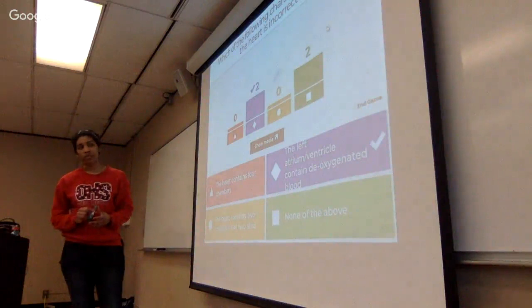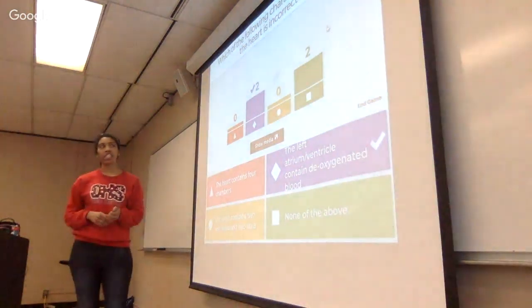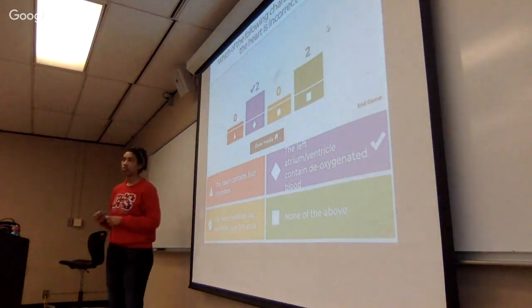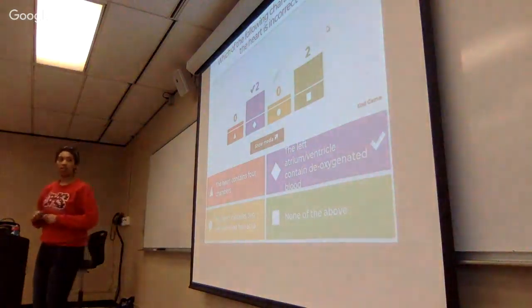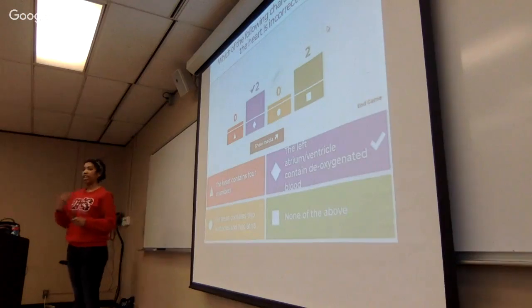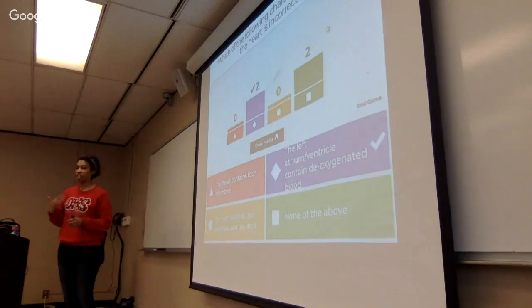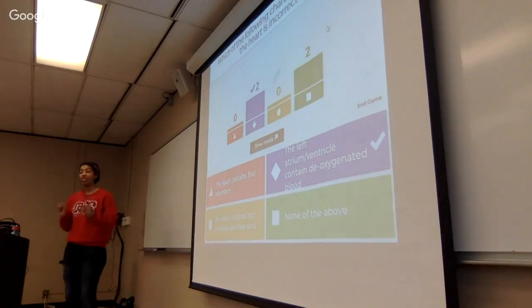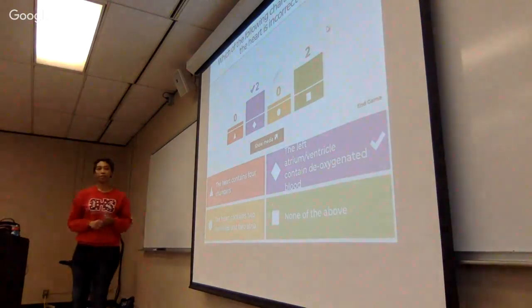The left atrium and ventricle contain deoxygenated blood, right? So actually, our left and right ventricle contain the oxygenated blood, okay? And then your right atrium and left atrium, oh my gosh. Your right atrium and right ventricle contain deoxygenated blood, okay?